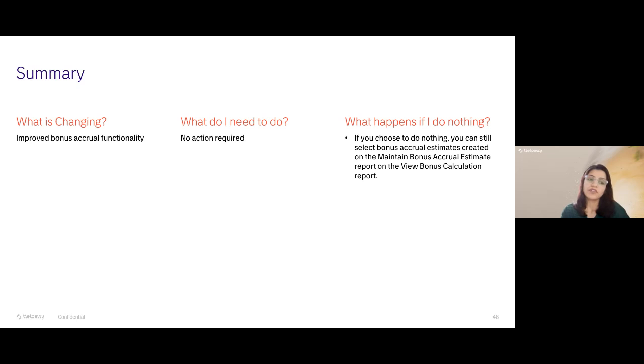So in a summary, what is changing? Improved bonus accrual functionality. There's no action that is required. If you choose to do nothing, you can still select the bonus accrual estimates created on the maintain bonus accrual estimated report.